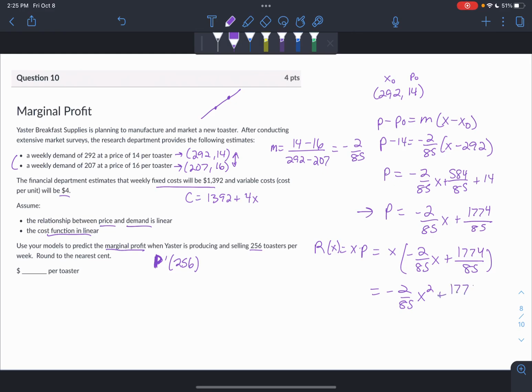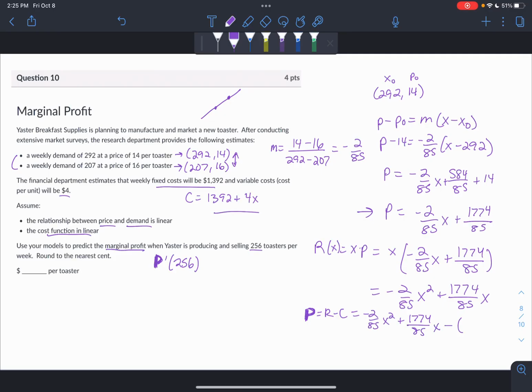And so the last thing to do is just, well, second to last thing is to form our profit function. P is equal to R minus C, our revenue minus cost. So that's the revenue function that we just found, plus 1774 over 85x, minus our cost, which we found before as 1392 plus 4x.